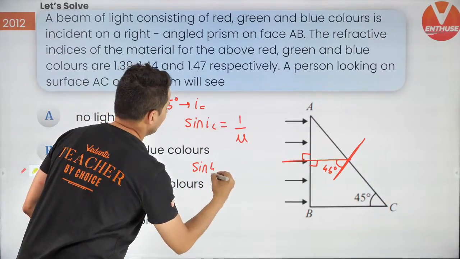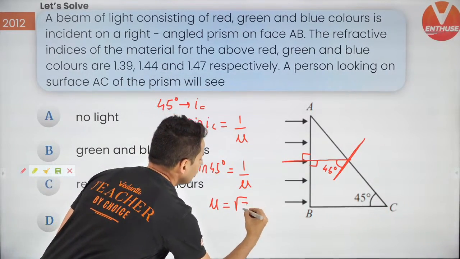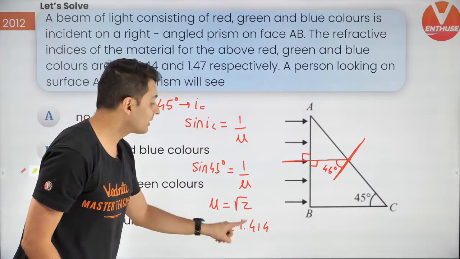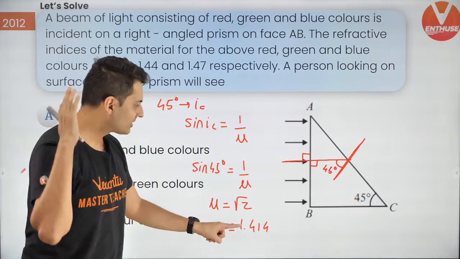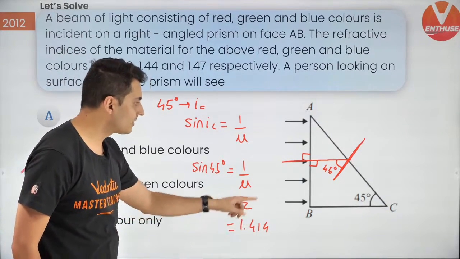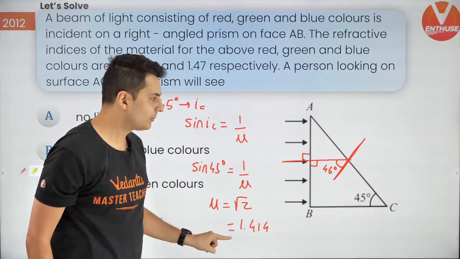Therefore, if I take sine of 45 degrees is 1 by mu, therefore mu will be root 2, which is 1.414. Now, the critical refractive index which decides that 45 degrees is the critical angle is 1.414.